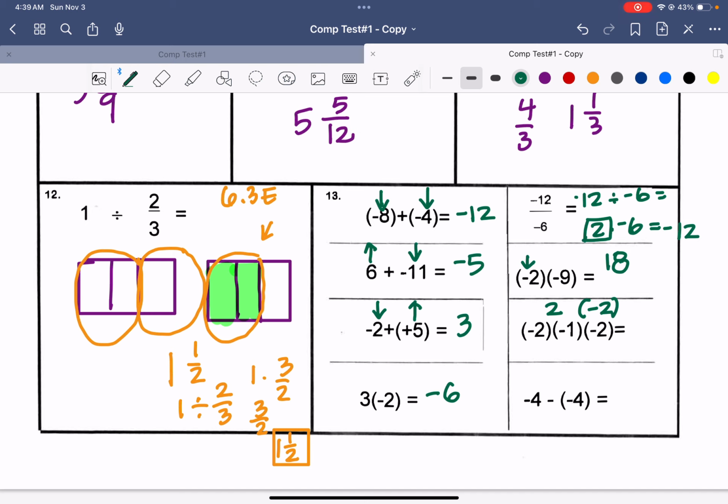And then now I have 2 groups of -2, which is -4. Here is -4, and you're going to take away, this is take away, and that's the opposite of a positive, so you're -4. Take away the opposite of 4, -4, which really if you're taking away the opposite, it winds up being -4 plus 4, which is 0.